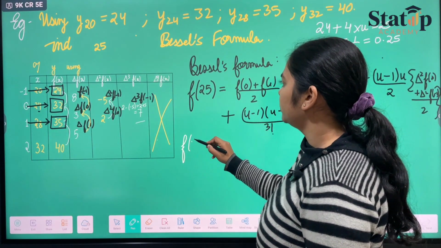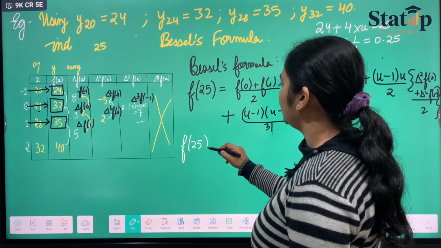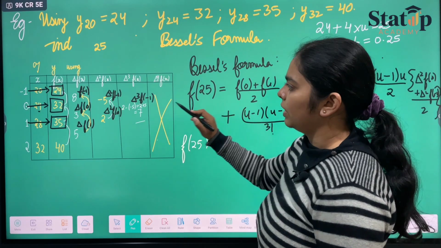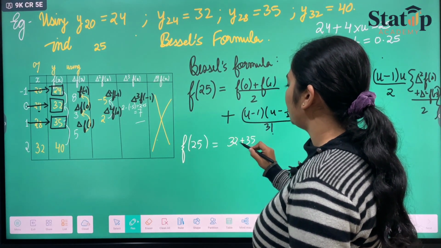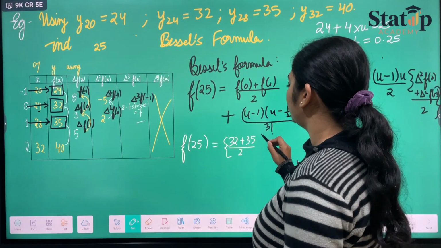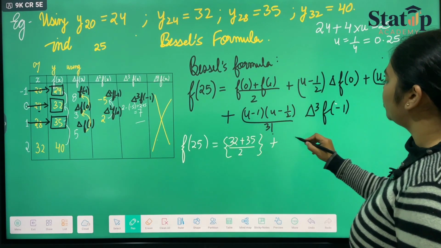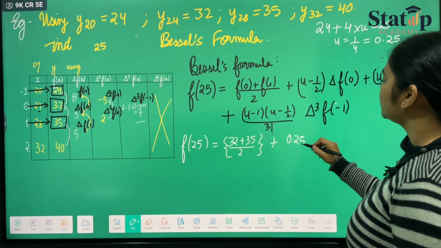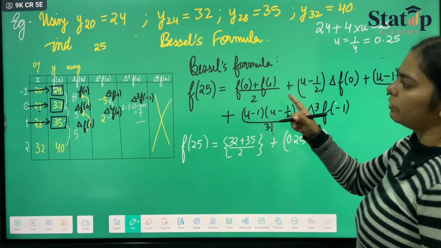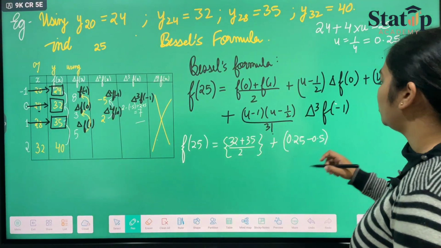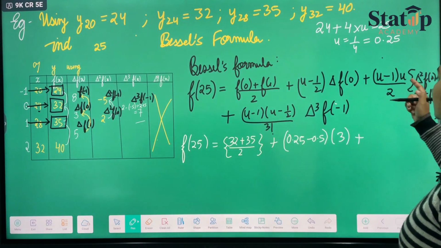So f of 25 will be equal to f naught plus f1 upon 2. F naught is 32 plus f1 is 35 upon 2. This is our first bracket. Then the second is u minus half. U is 0.25, half is 0.5 in bracket into delta f naught. Delta f naught I have told you right now, which is equal to 3, plus u minus 1 into u.